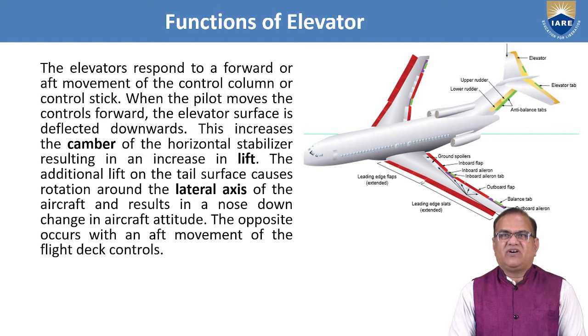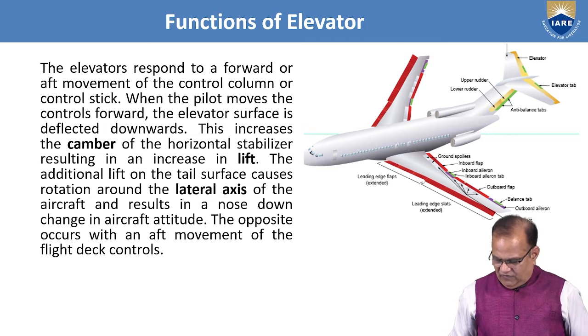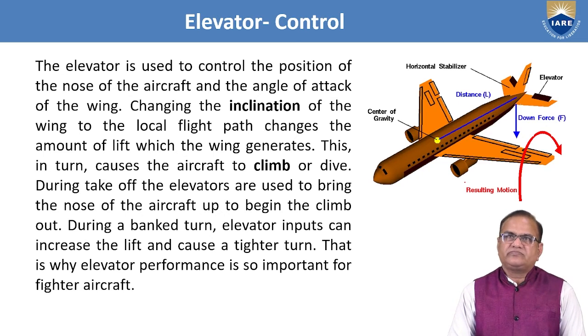The additional lift on the tail surface causes rotation around the lateral axis of the aircraft and results in a nose down change in aircraft attitude. The opposite occurs with an aft movement of the flight control. So just now I have explained this.